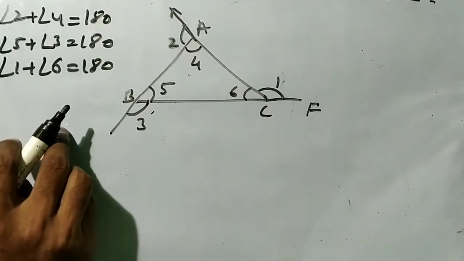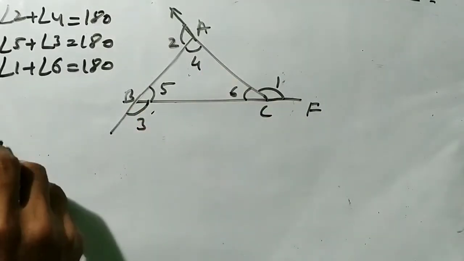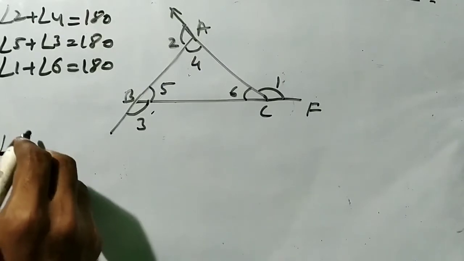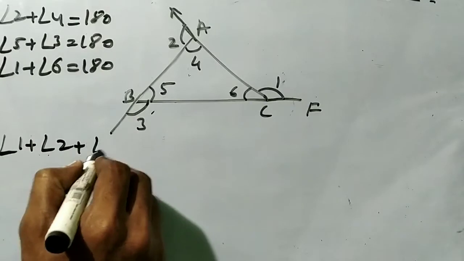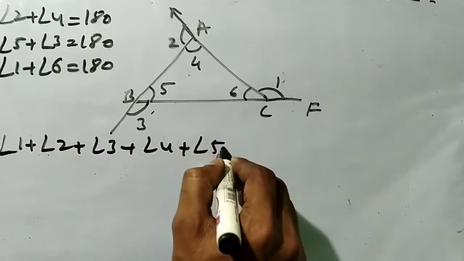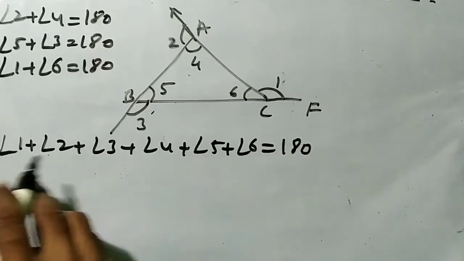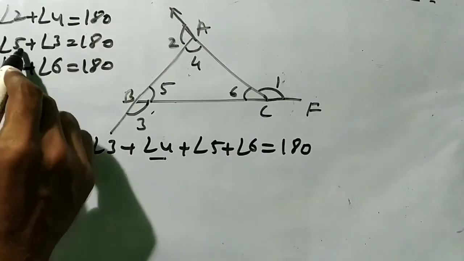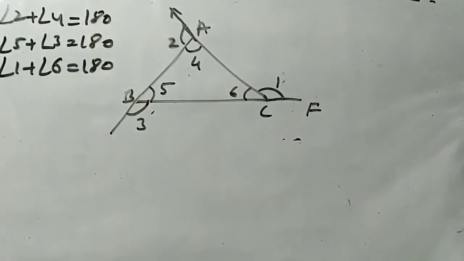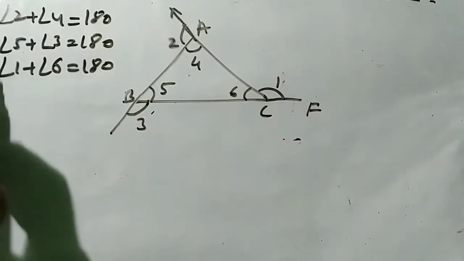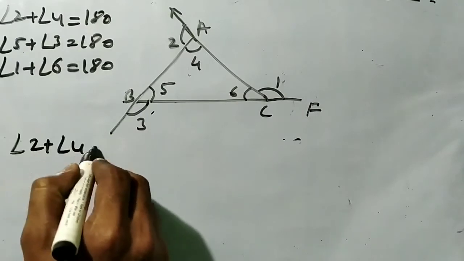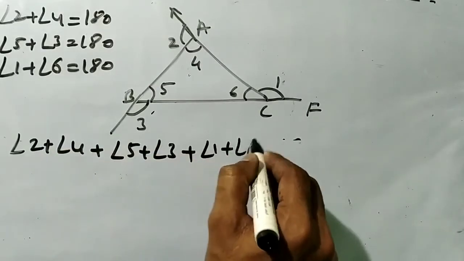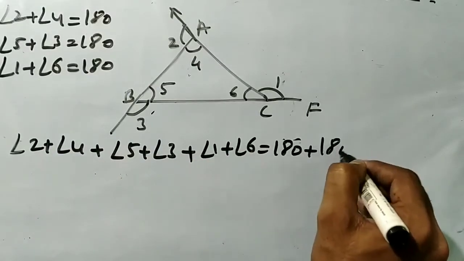So now add all the angles. We have to add these three equations, that is angle 2 plus angle 4 plus angle 5 plus angle 3 plus angle 1 plus angle 6 is equal to 180 plus 180 plus 180.